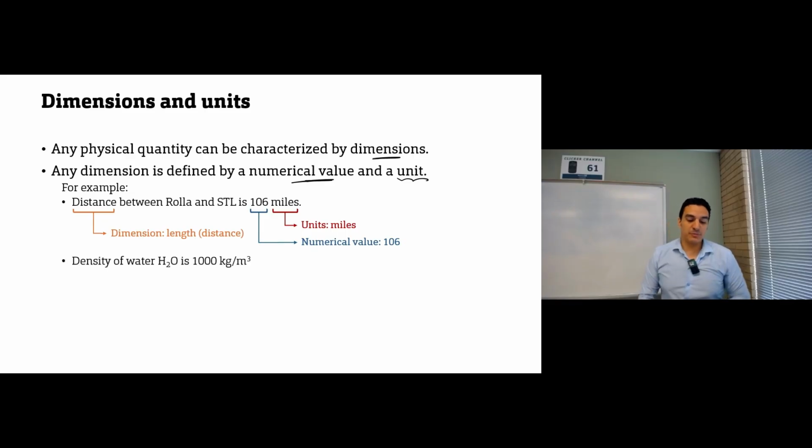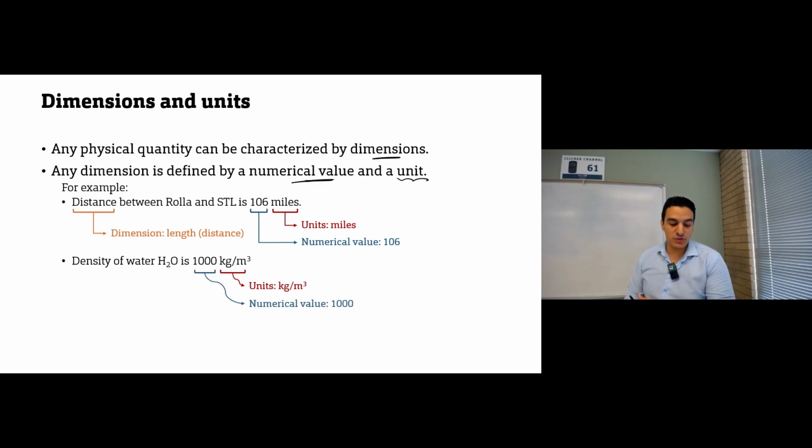Let's say, for example, I give you this example. The density of water is 1,000 kilogram per meter cube. So kilogram per meter cube is the unit we have, and 1,000 is the numerical value. And what is the dimension of density? No, density is not the dimension. Density is the quantity we are measuring, the measurable quantity. But density is in kilogram per meter cube.